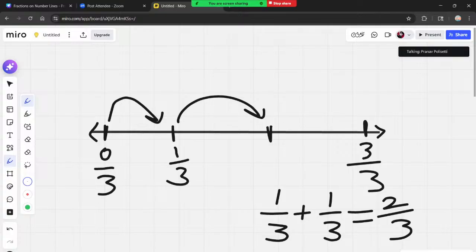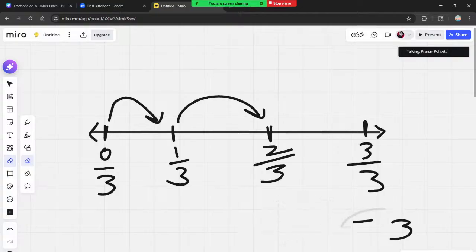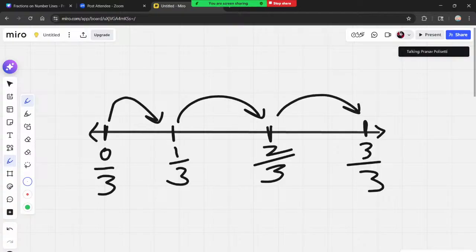So we have 2 pieces with us and then 3 total pieces. So I'm gonna do 2 over 3, right? And from the beginning, we already put the 3 over 3 at the end because at the end, we're gonna have 3 out of the 3 total pieces. So that's the answer to the problem.